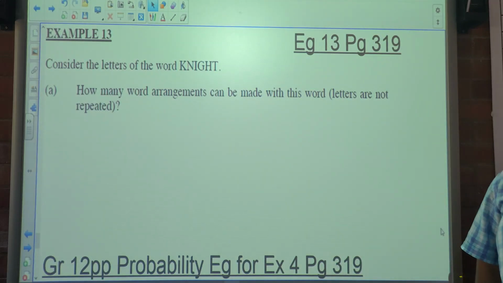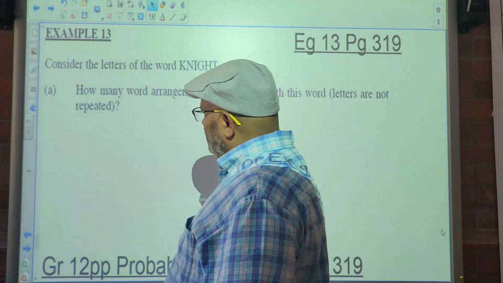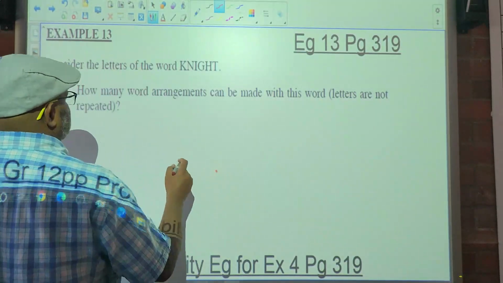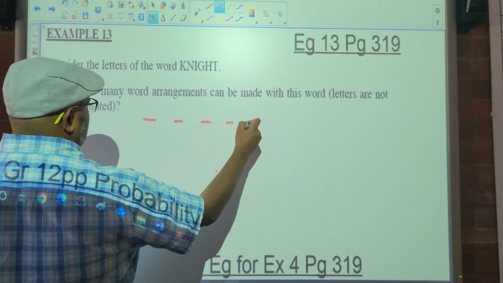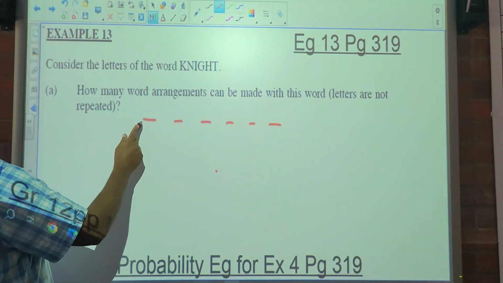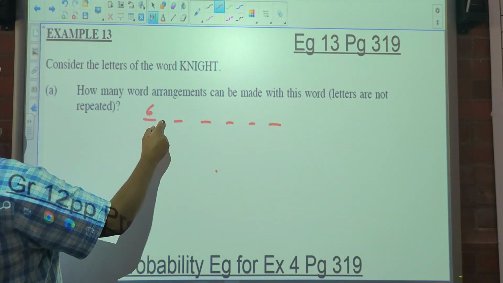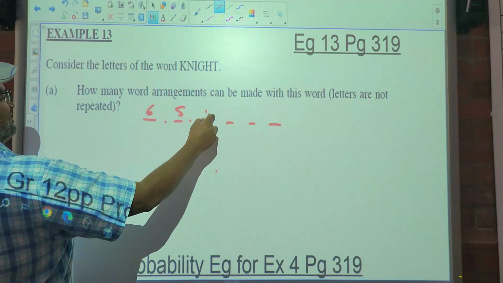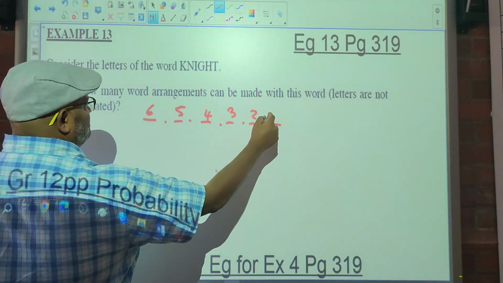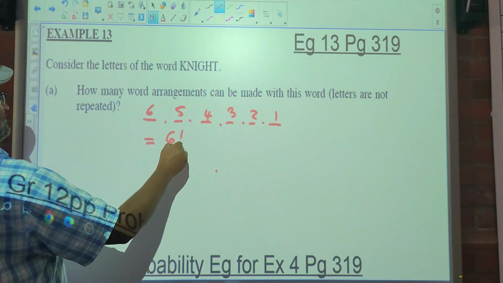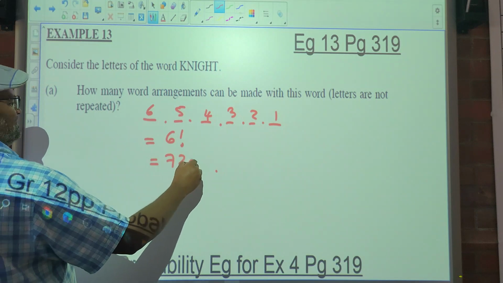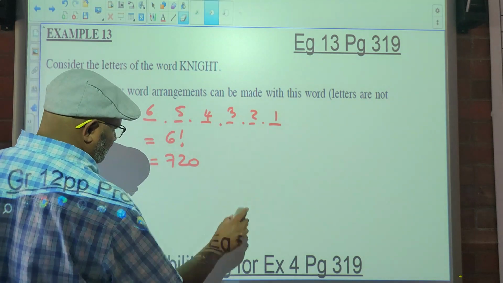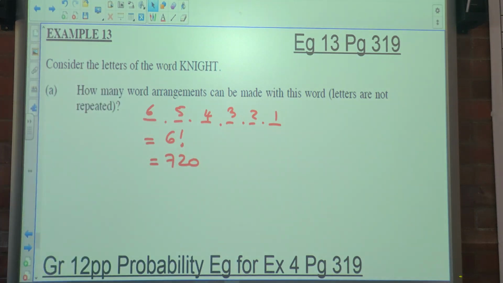Do we use the formula here? When do we use the formula? They are identical if it's the same. So how many bits should I draw here? 6. 1, 2, 3, 4, 5, 6. How many options do I have here? 6. Then 5, then 4, 3, 2, 1. Which is 6 factorial, which is 720. Right, you guys understand?